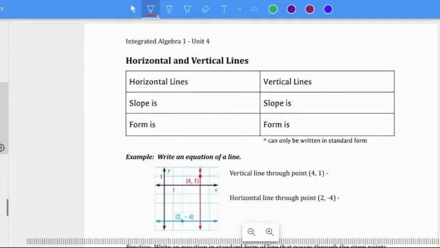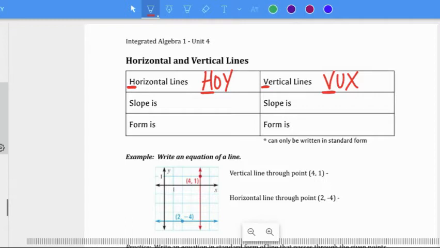The acronym I want you to learn is HOI VUX. I'm going to fill you in on what this means. H for horizontal is the H in HOI, and V for vertical is the V in VUX. If you can remember HOI VUX, you can remember really easily how to write the equation of these lines.